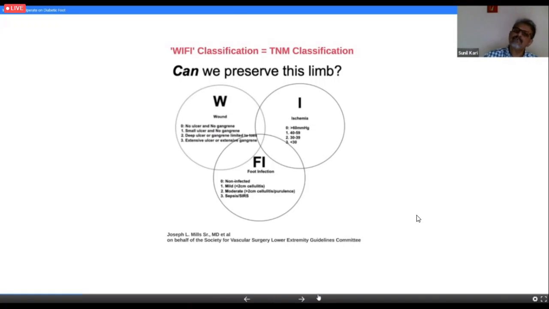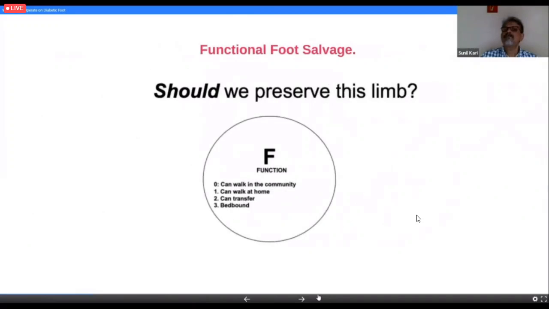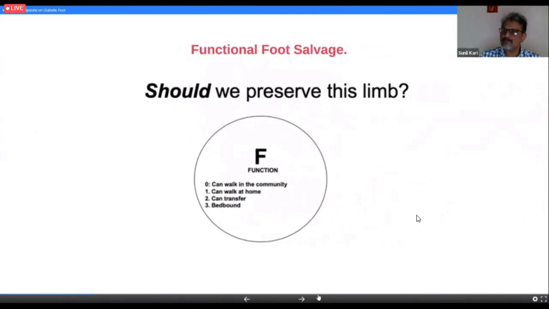The higher the grade, you come to the conclusion that there is going to be a lot of difficulty in preserving the limb. And even if we preserve it, there is always a functional aspect which is taken into consideration, and we are trying to define, are we doing justice by preserving the limb, by giving a functional foot?